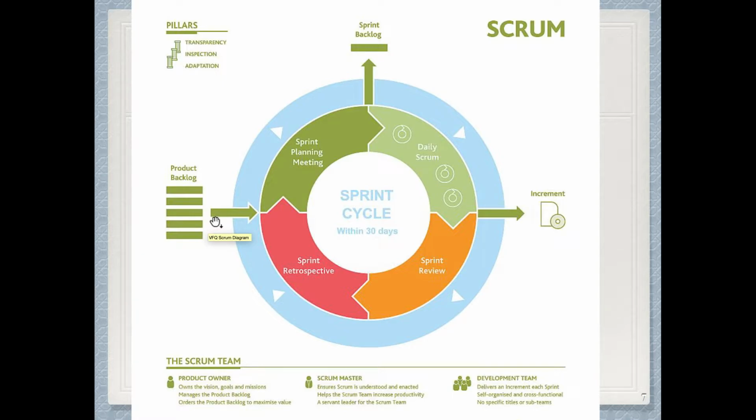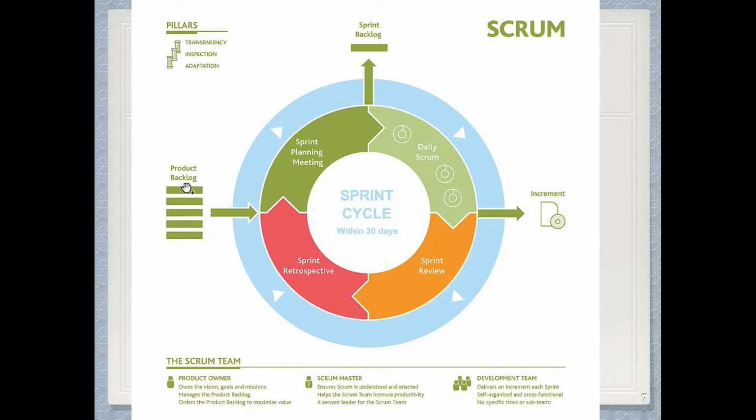So in this figure, can you see it in the back? Sprint planning meeting, daily Scrum meeting, sprint review meeting, sprint retrospective meeting. Can you see it in the back? Yes? Okay, good.